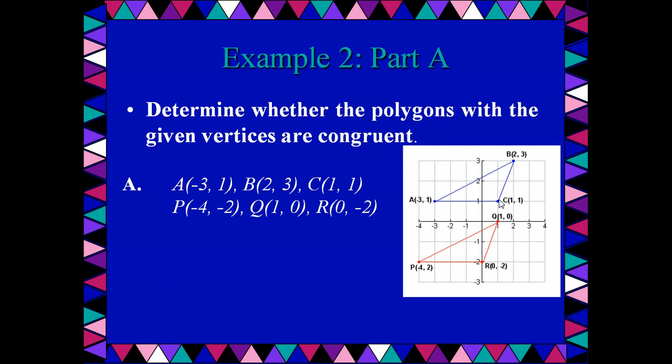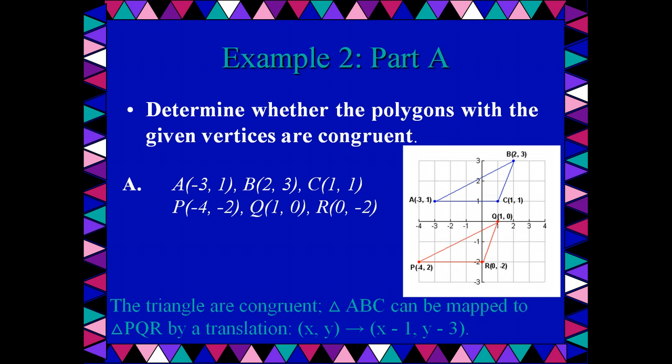Let's try the last one. I subtract 1 from x and 3 from y. Yes, all of these have the same distance from the original point, and they are congruent. Triangle ABC can be mapped to PQR by a translation. The mapping would be (x, y) to (x - 1, y - 3), as we stated before.